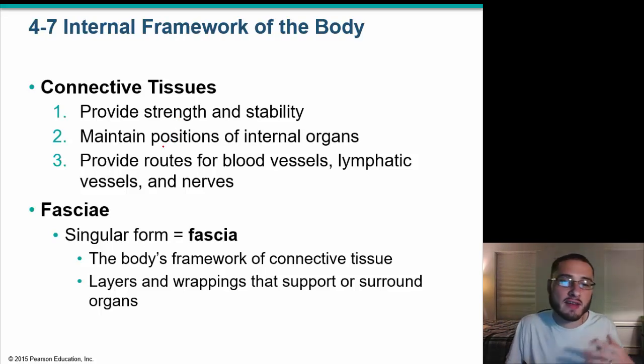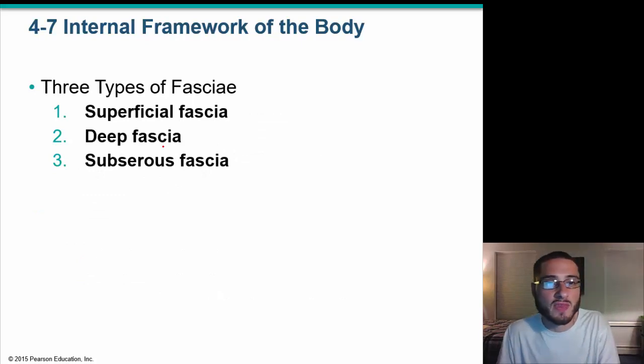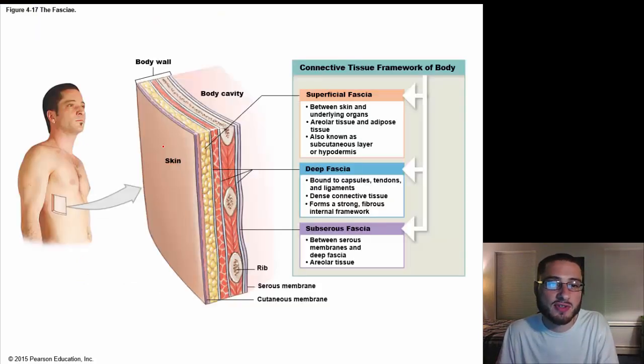Like I said, that fascia is that connective tissue that surrounds organs and keeps them where they're supposed to be, so that when you flip upside down, your intestines aren't all over the place. That fascia is important in making sure you keep your organs where you want each one to be. 3 types of fascia: superficial fascia, deep fascia, and subserous fascia.